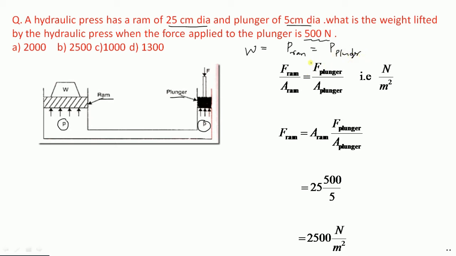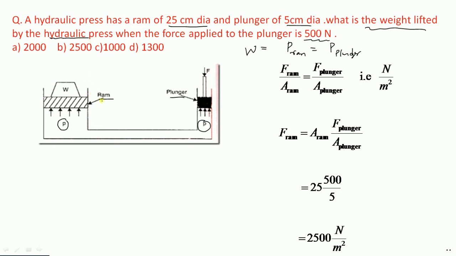So, pressure is nothing but force upon area. So, at ram we have force upon area. Similarly, for plunger we have force upon area. So, we want here what is the weight lifted by the hydraulic press.